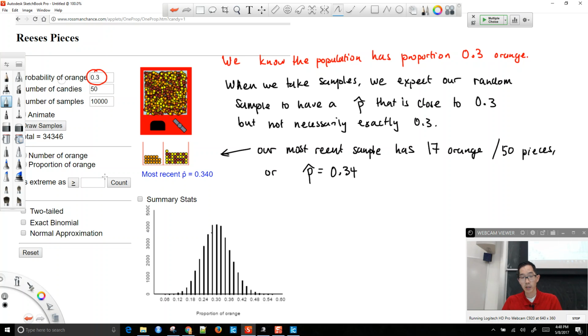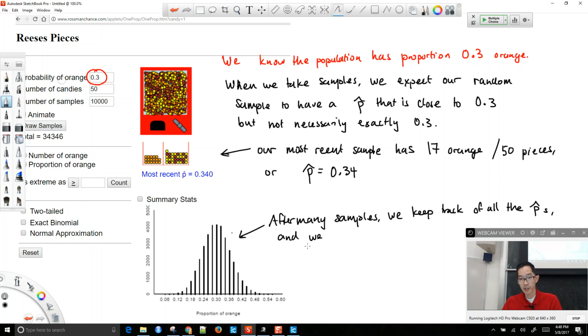After many samples, we keep track of all the p hats, and we can see our sampling distribution.